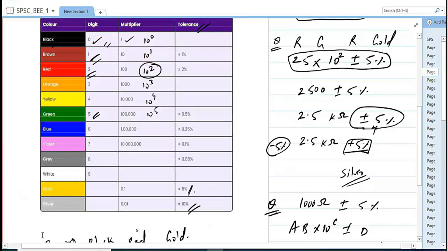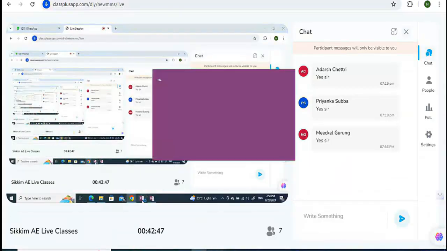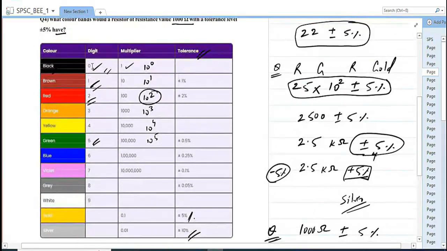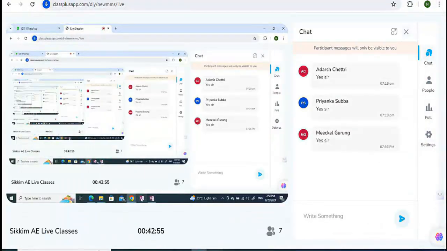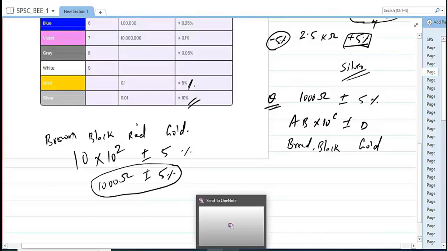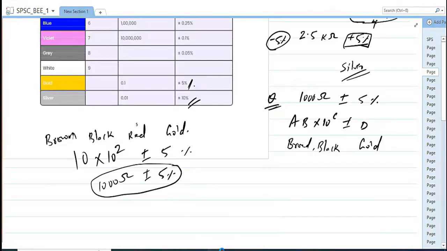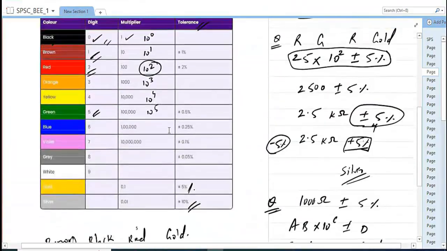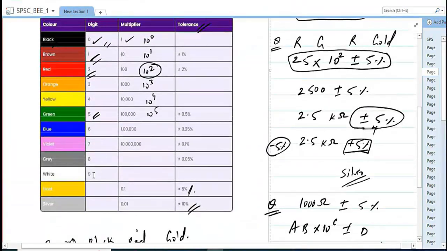For gold 5%, and for silver it is 10%. You can see here 0 1 2 3 4 5 6 7 8 9. These are the digits, these are the multipliers.